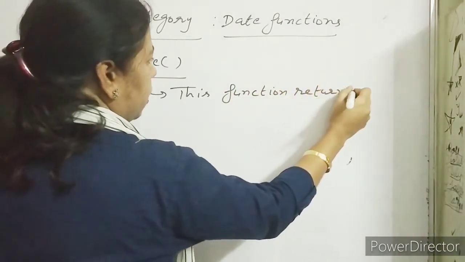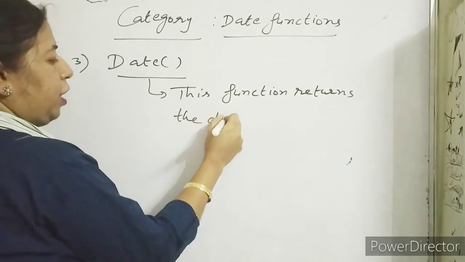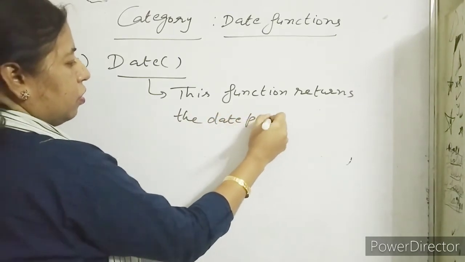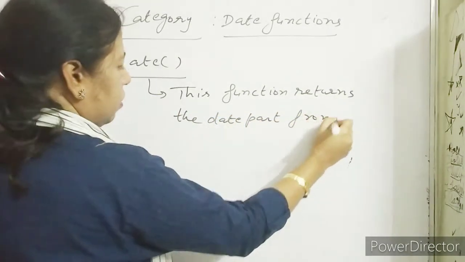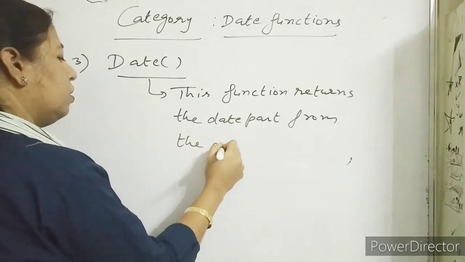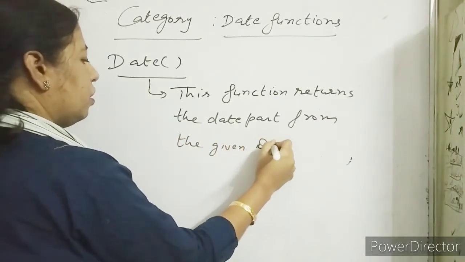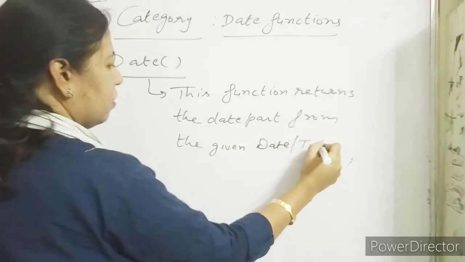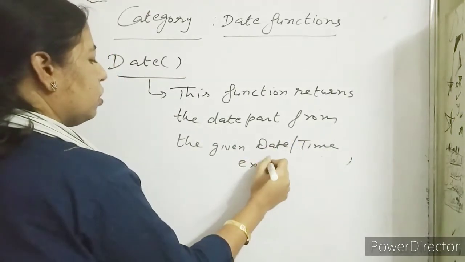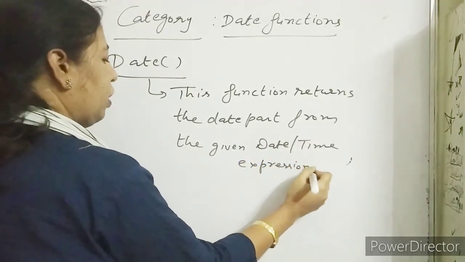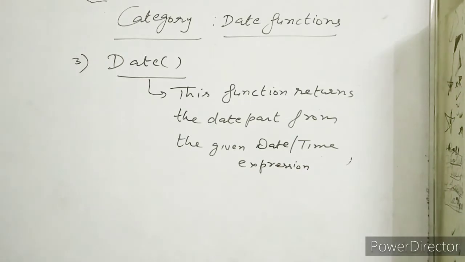This function returns the date part from the given date time expression. Suppose you are giving both date and time in the date function, then the date function returns only the date part.